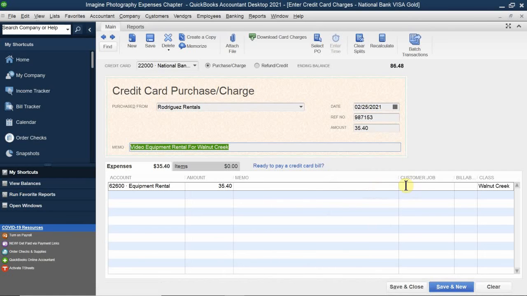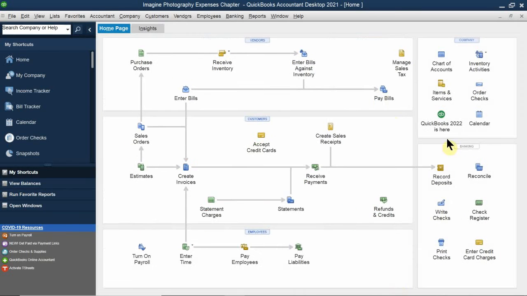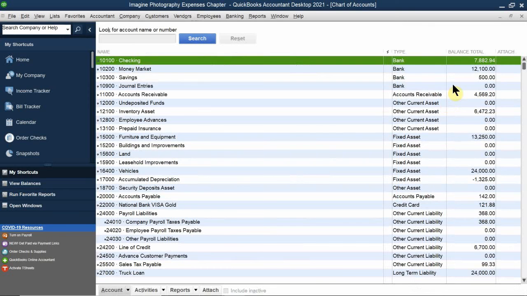Now, here's the next question: how in the world do I pay my credit card? So let's go ahead and just validate this transaction. Well, you have a couple of ways that you can do it. You can choose two options. One is to enter in a bill and choose whether you're going to pay off the entire credit card or pay a portion of it.